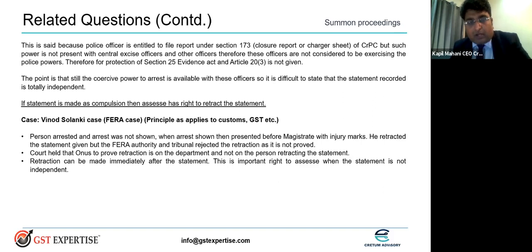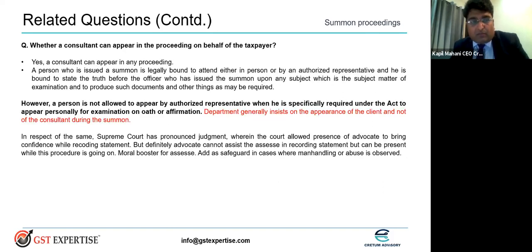It is very important that if a person has to retract a statement given in a summons, they should do it as soon as possible after making it, and not spend ample time and then retract. It is very important to assess when a statement is not independent, which was given under section 70.